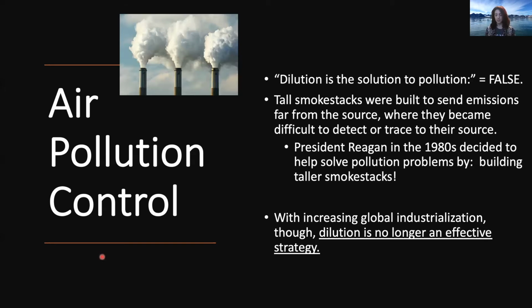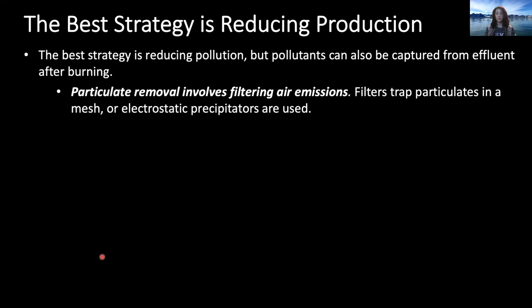So what is an effective strategy? Believe it or not, the best strategy is just reducing production. The best strategy is reducing production of pollutants. And in this way, pollutants can be captured from effluent after burning, and also we're putting out less of it.